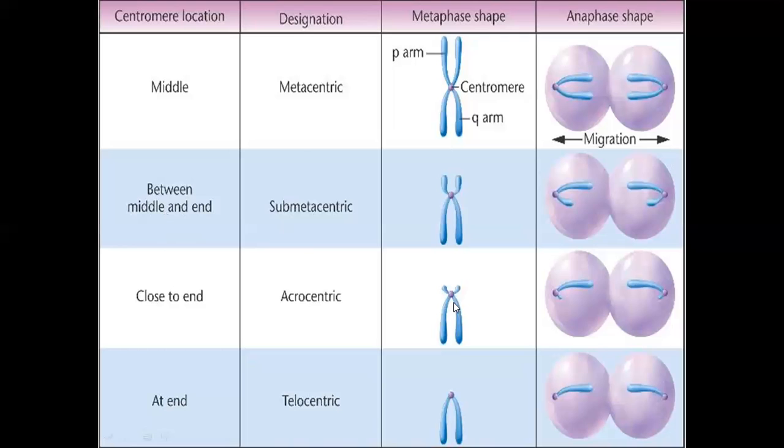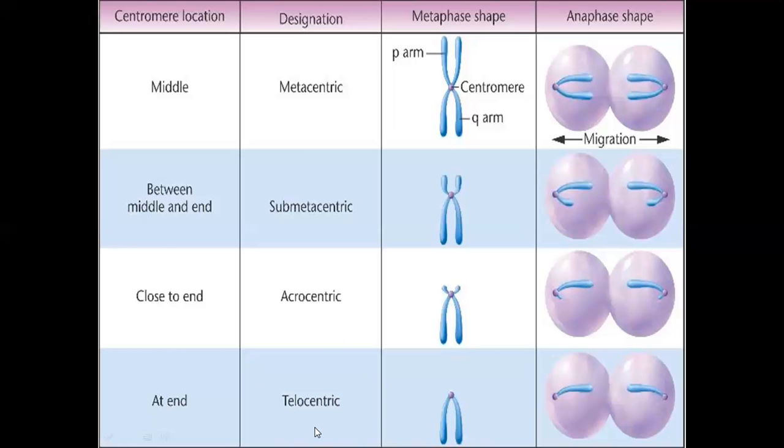That is, the centromere is subterminal in position and it gives two arms, one exceptionally short arm and the other a long arm. Now these acrocentric chromosomes look like a J during the anaphase. Usually the locust and some grasshoppers are acrocentric.